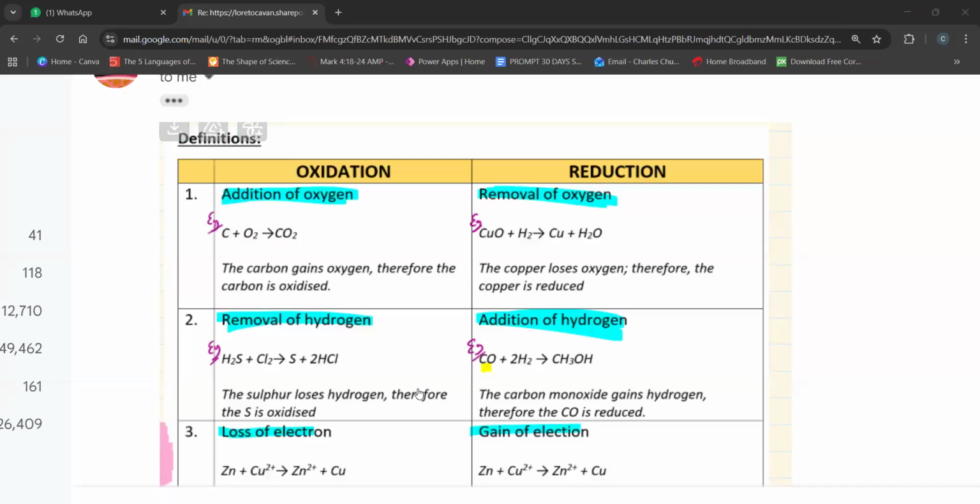Okay, so these are the definitions, and if there's anything I can tell you boldly from the start, just see oxidation and reduction as opposites.